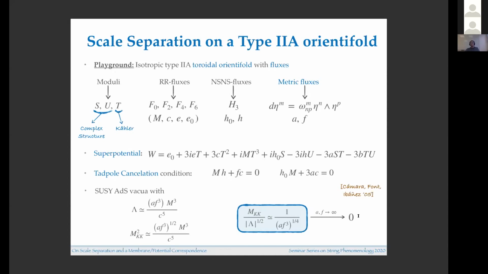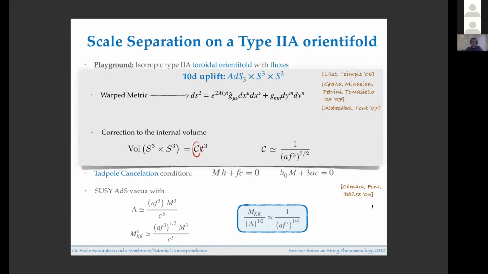Now, one could argue that this is telling you that this is inverse scale separation, because it has the opposite behavior to what one would expect from scale separation. It's like the internal scale becoming much bigger than the external scale, but still it's a departure from the behavior that one would expect from the anti-de Sitter distance conjecture.